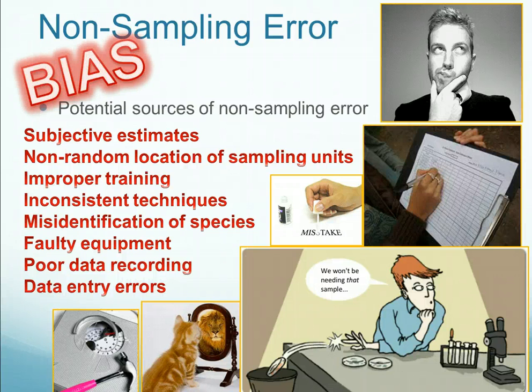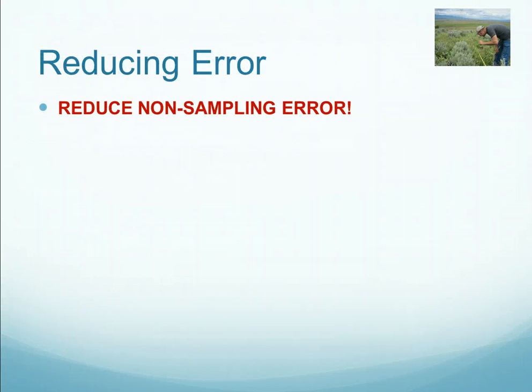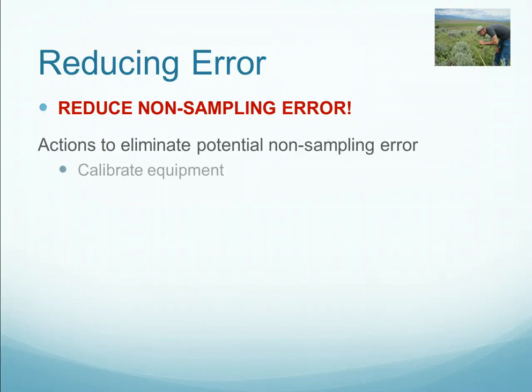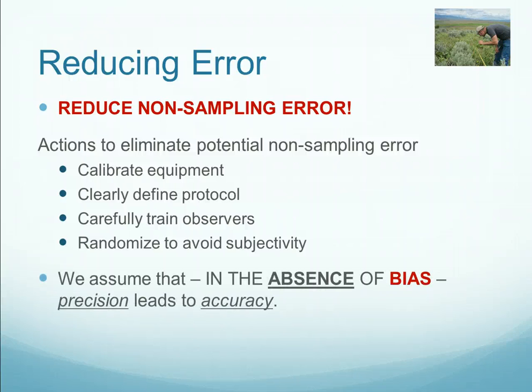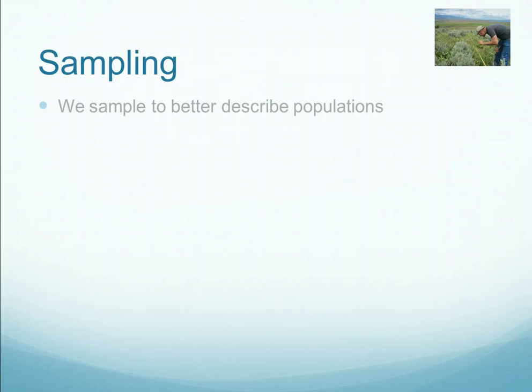And the problem with non-sampling error is that it introduces bias into our estimates. And remember, it's not detectable statistically. We want to reduce non-sampling error, and we can take a number of actions to do this. Calibrate our equipment, clearly define the protocol for sampling, carefully train observers, and randomize to avoid subjectivity. We assume that in the absence of bias, precision leads to accuracy.